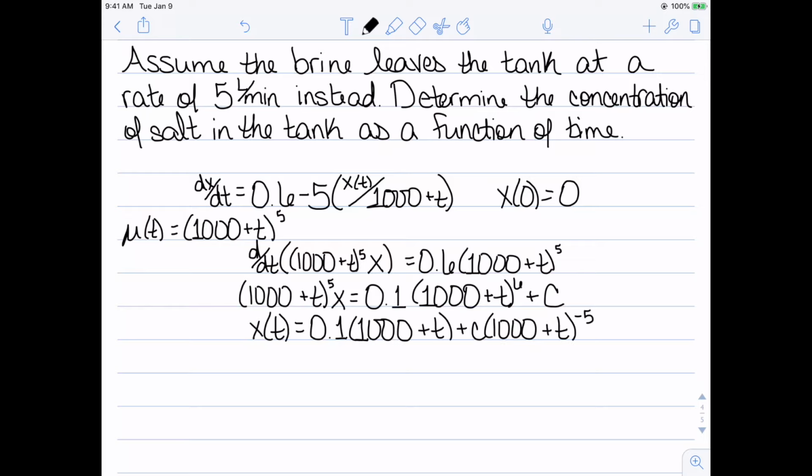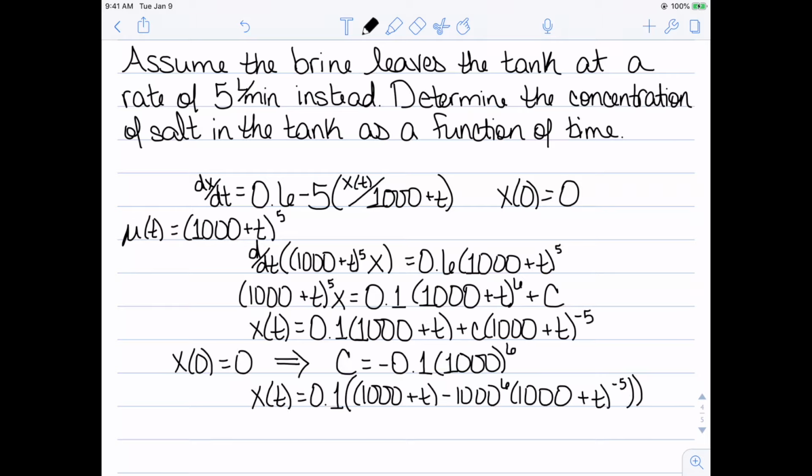Solving for x then gives me that x is equal to 0.1 times (1,000 plus t) plus c times (1,000 plus t) to the negative 5. Sticking that in and simplifying, I get that x of t is equal to 0.1 times (1,000 plus t) minus 1,000 to the 6th times (1,000 plus t) to the negative 5.